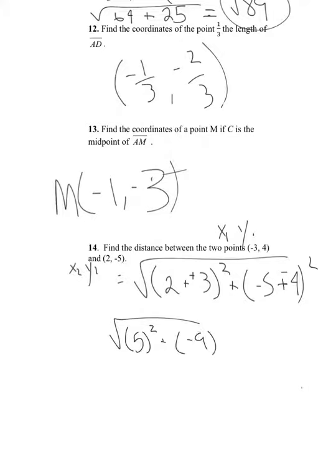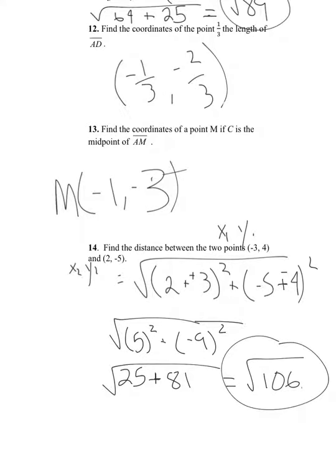So that's -9 squared. 5 squared is 25. -9 squared is going to be positive 81. That adds up to 106, which we cannot do anything with. The square root would not be a whole number, it would be a decimal, and so we leave it like that for now.